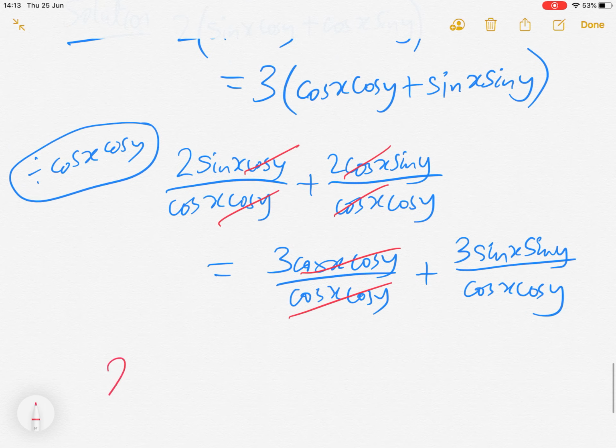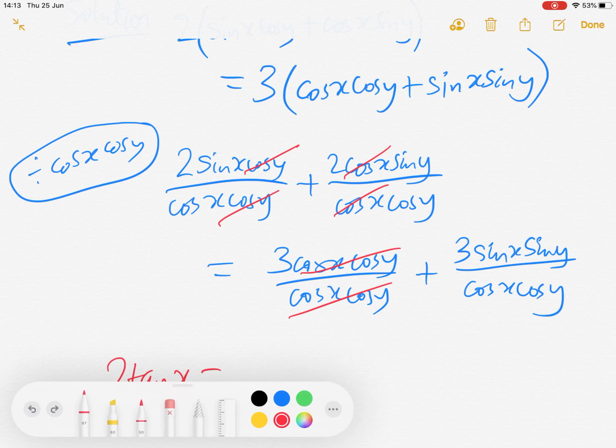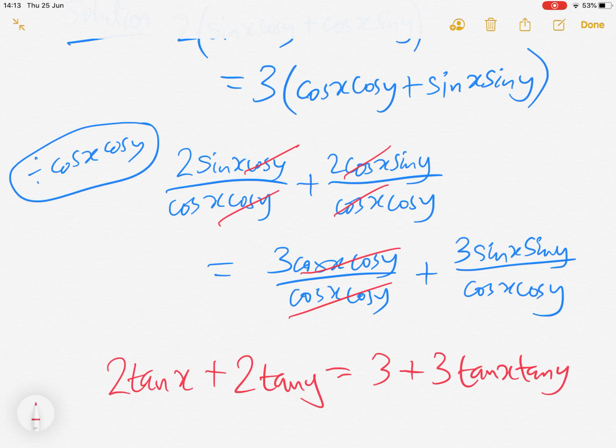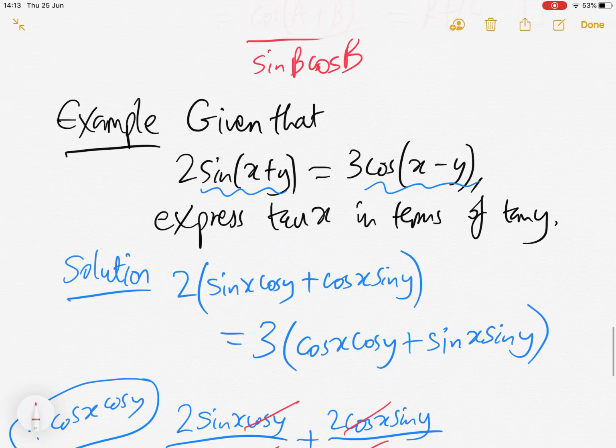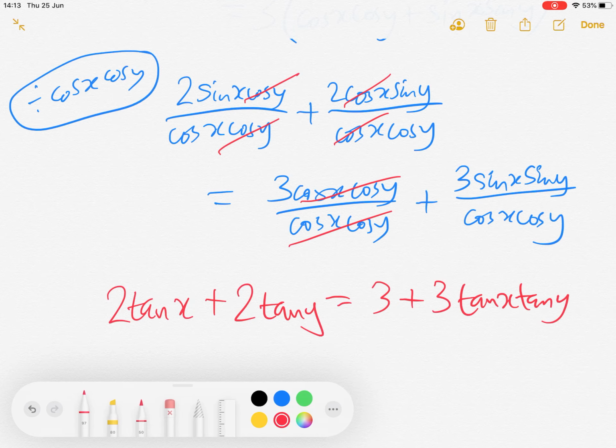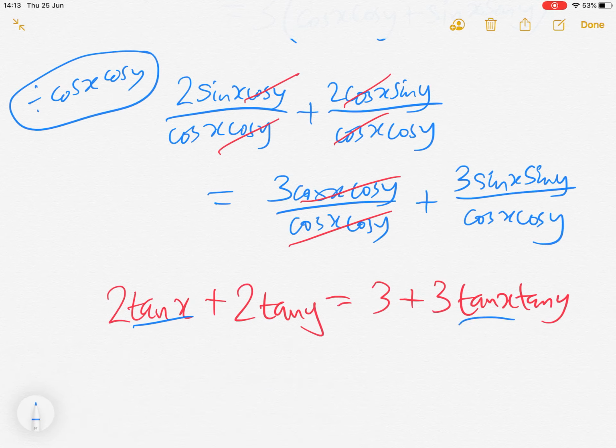Yeah, and then we're going to get 2 sine x over cos x is tan x, plus 2 sine y over cos y is tan y, equals 3 plus 3 tan x tan y. And then we need to find tan x in terms of tan y. So now it's just a rearranging formula question. So we're really being asked to make tan x the subject, and tan x appears twice, so it's just like GCSE rearranging formula.